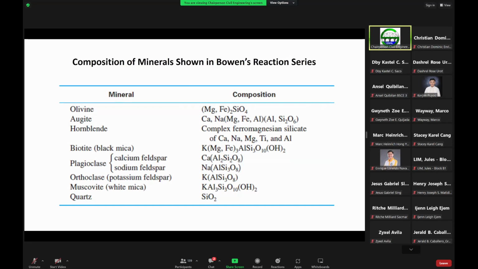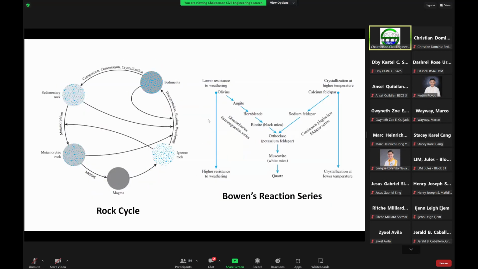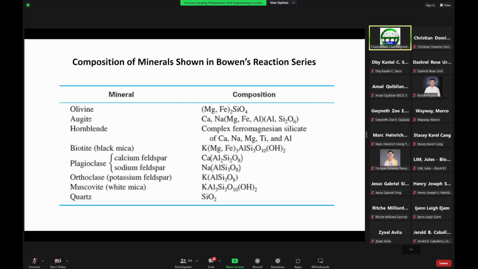If you recall again, we have these minerals: the olivine, the augite, the hornblende, the biotite, the calcium feldspar and the sodium feldspar, as well as the potassium feldspar, the muscovite and the quartz. Just a bit of a review of our chemistry.